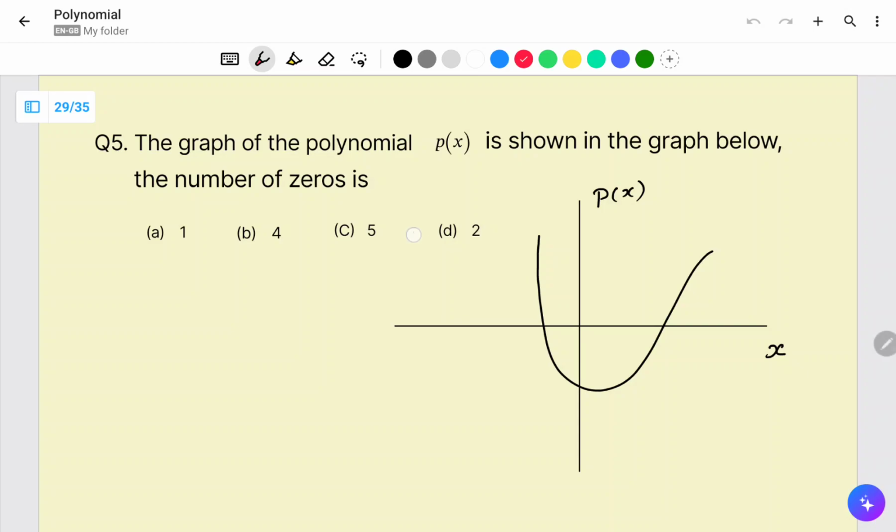So here the correct option is option D. So as we can see from the graph, p(x) becomes 0 at two values of x, that is at this point and at this point. So therefore, the number of zeros for the given polynomial is option D. That is 2.